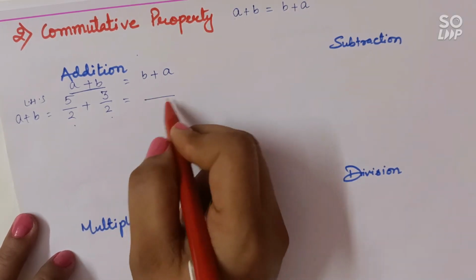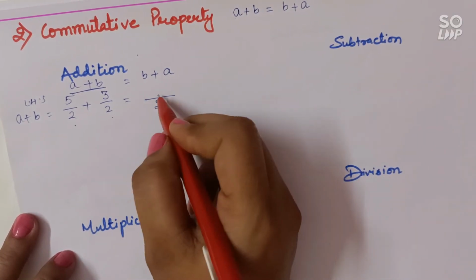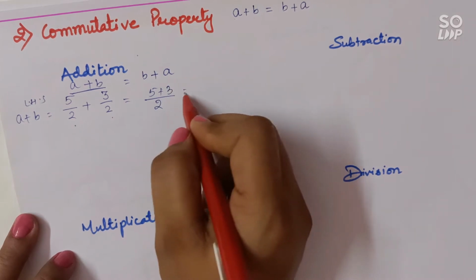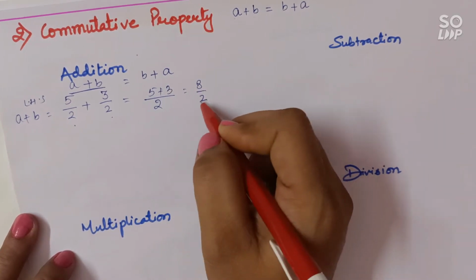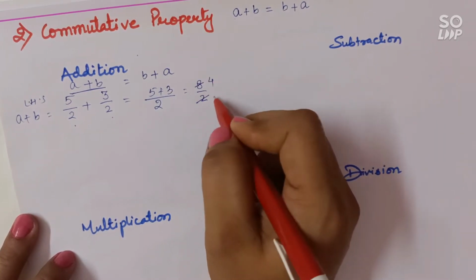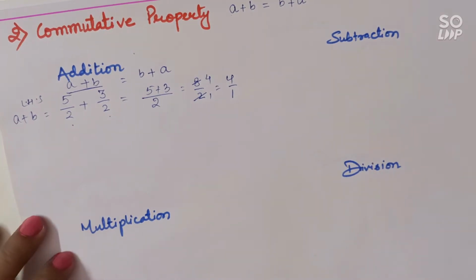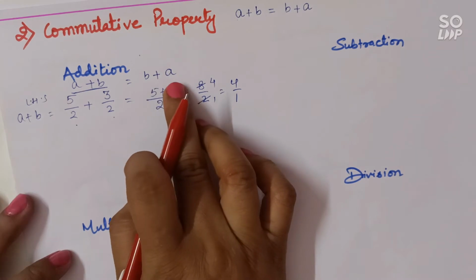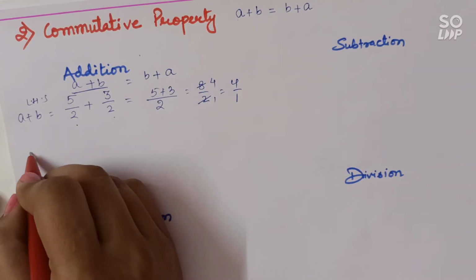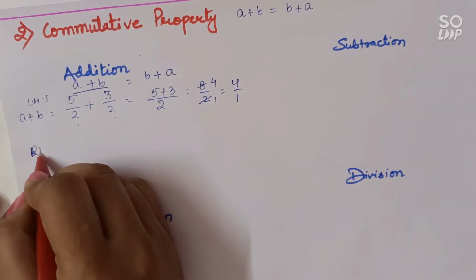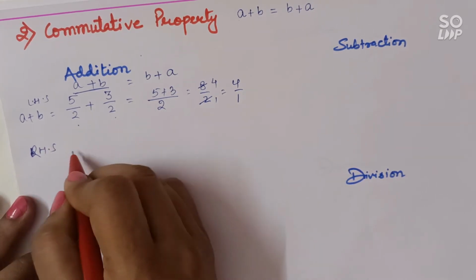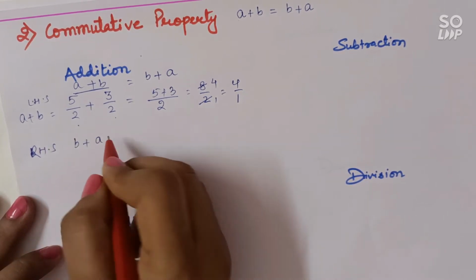So it is again denominator 2, 5 plus 3, that's 8 by 2. So that's 4 by 1. Let's check whether we get the same result when we just change the order. Let's check for RHS, it's B plus A. I'm changing the order.